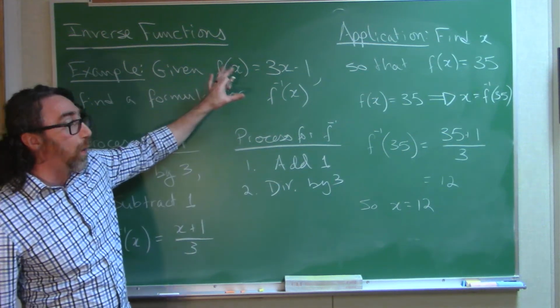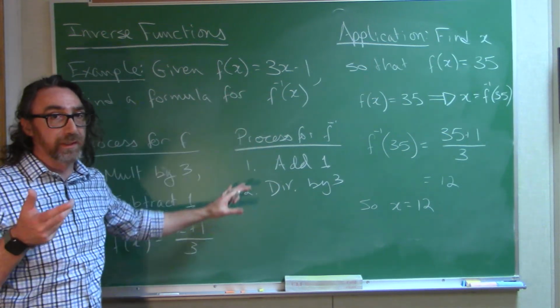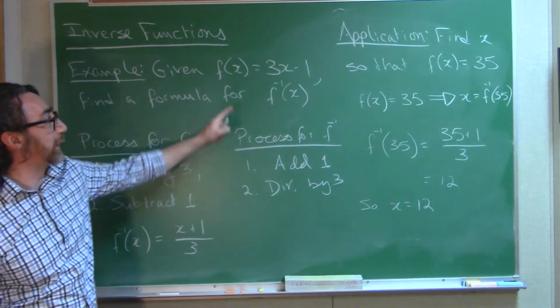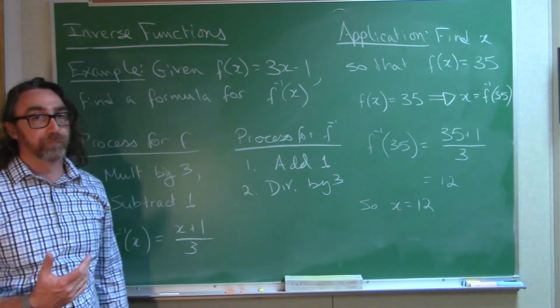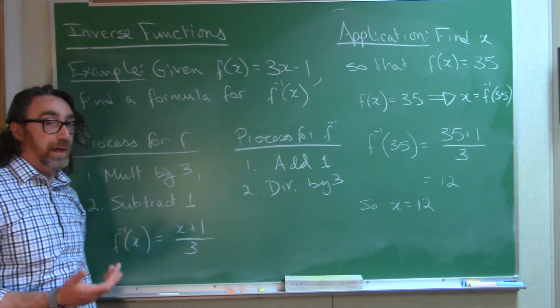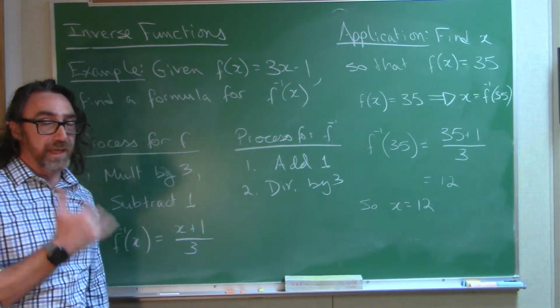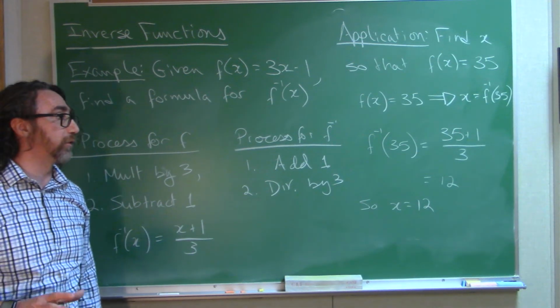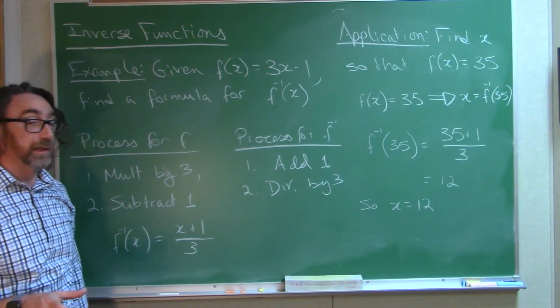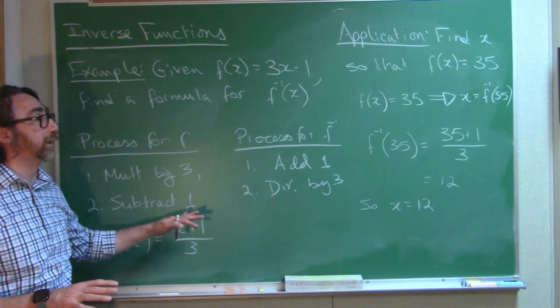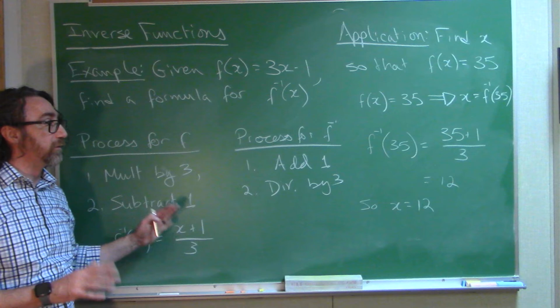I would recommend you only apply this type of thinking when you have a linear function like this. As the functions get more complicated, finding the inverse can be tricky. So we're going to look at some examples of that in our next video.